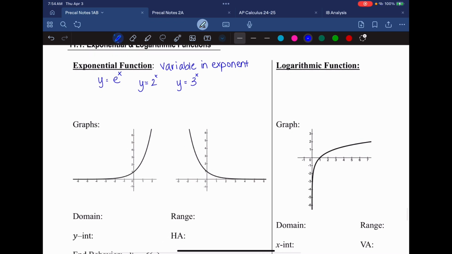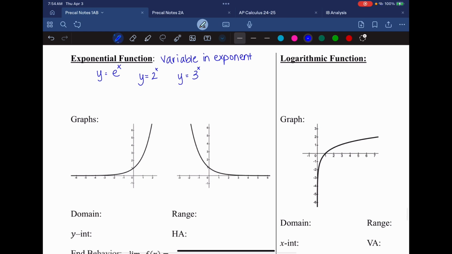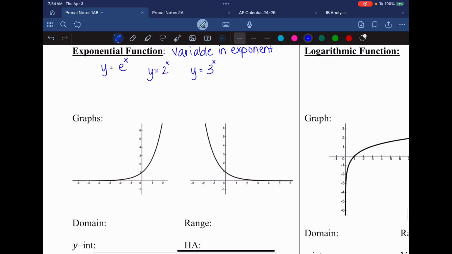Now your graphs that you should be familiar with of exponential functions, this first one that is increasing would be a function that is your most basic parent function.